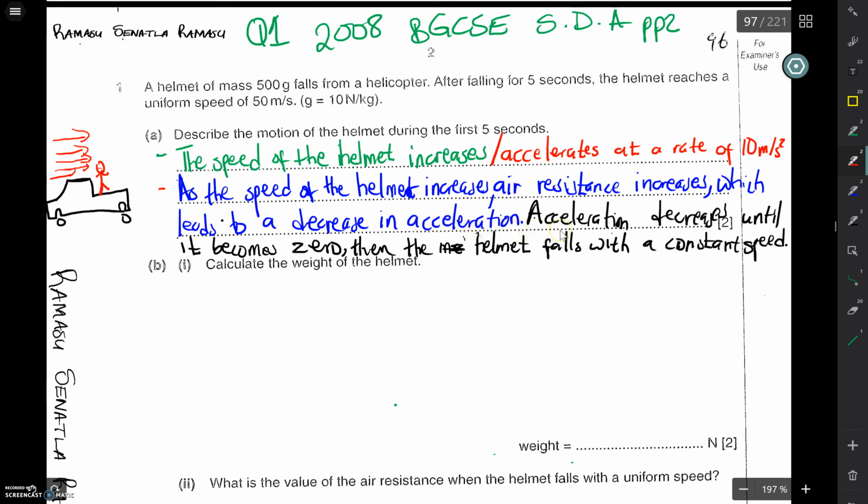And then the acceleration decreases until it becomes zero. There's absolutely no acceleration, and when there's no acceleration, it means that the helmet is falling with a constant speed. Right? When there's no acceleration, then your speed is constant.